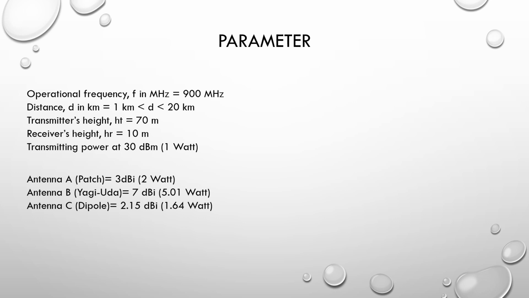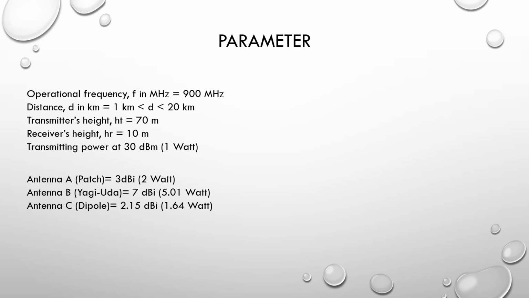The gain of the patch antenna at frequency 900 MHz is between 0 to 3 dBi, so I choose the gain for the patch antenna as 3 dBi. The gain for the Yagi-Uda antenna at frequency 900 MHz is between 6 to 10 dBi, so I choose the gain for the Yagi-Uda antenna as 7 dBi.